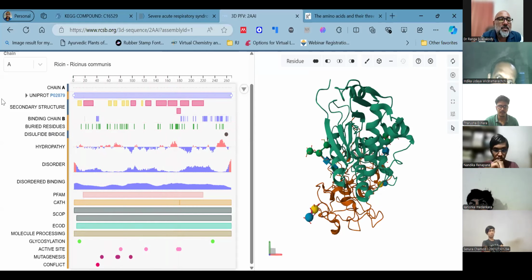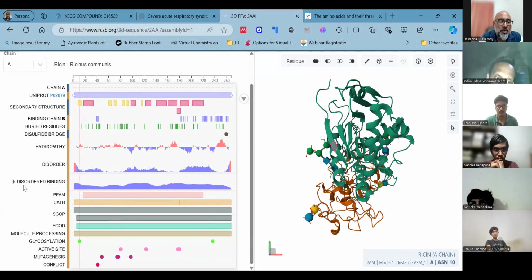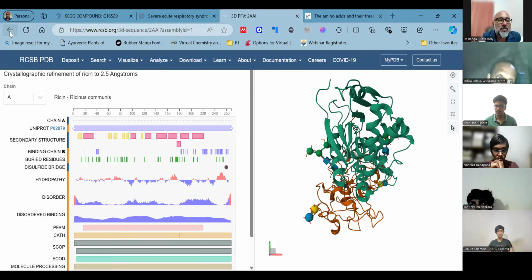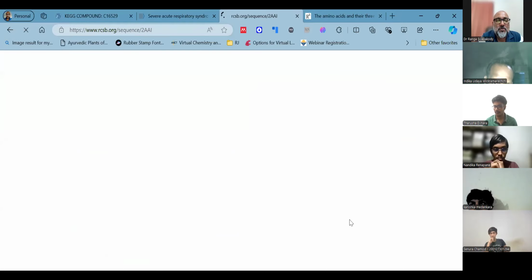This is the sequence annotation. So we have highlighted. This annotation means you have highlighted different features of different parts of the sequence. Now you can do that in your database. Then you also get the normal, let's say we go back, and then the actual sequence over here.